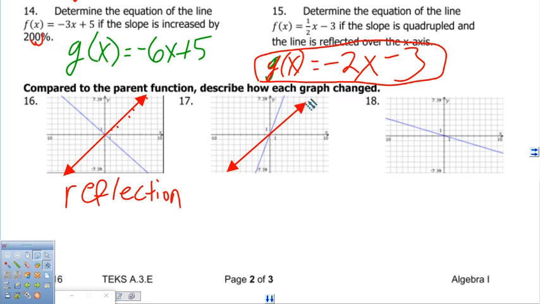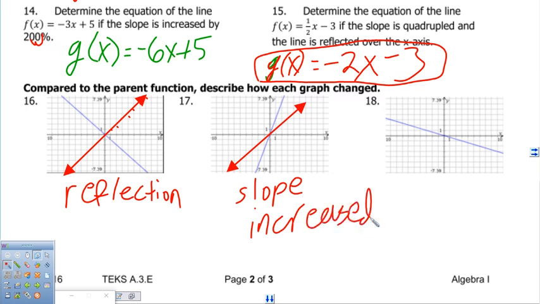It's pretty easy to see that the slope increased on this one. Now we need to put by how much. Originally the slope was 1, and now the slope appears to be 3. So increased by 2.